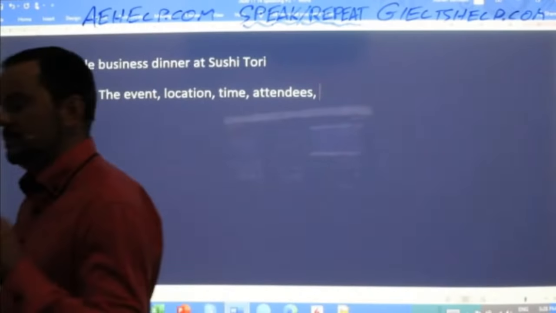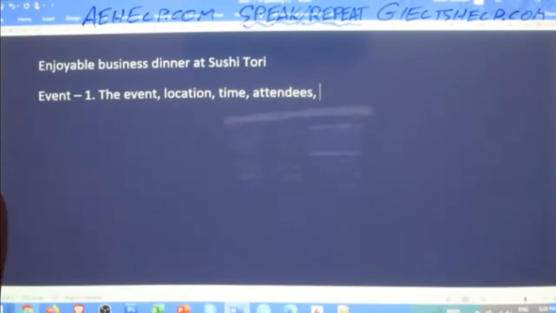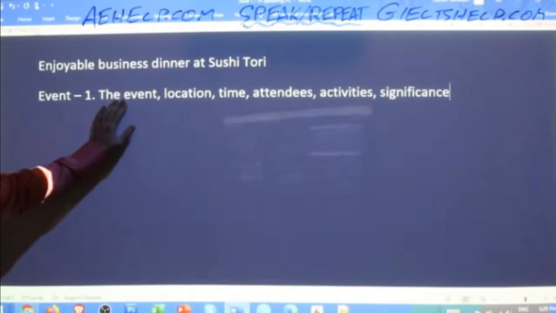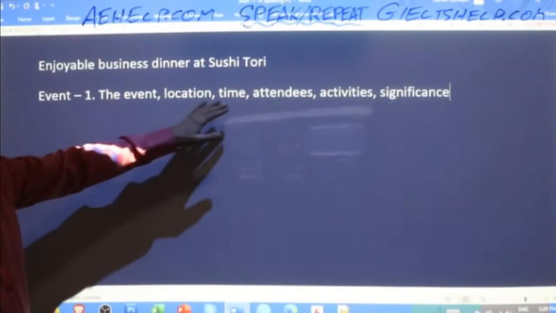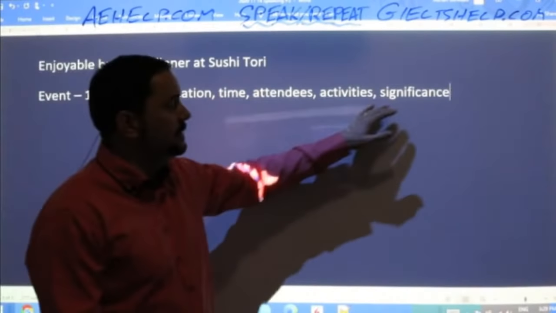Significance and meaning for you is the same. So that's what you have to think about: the event, location, time, attendees, activities, significance.